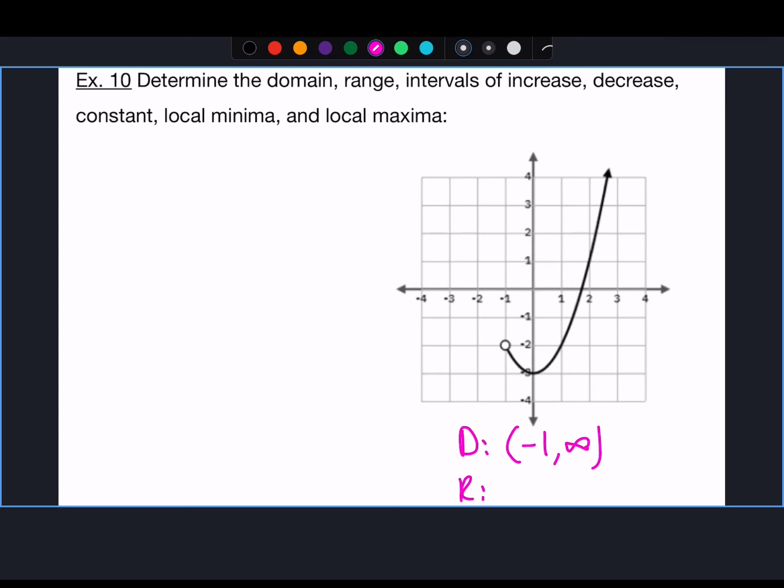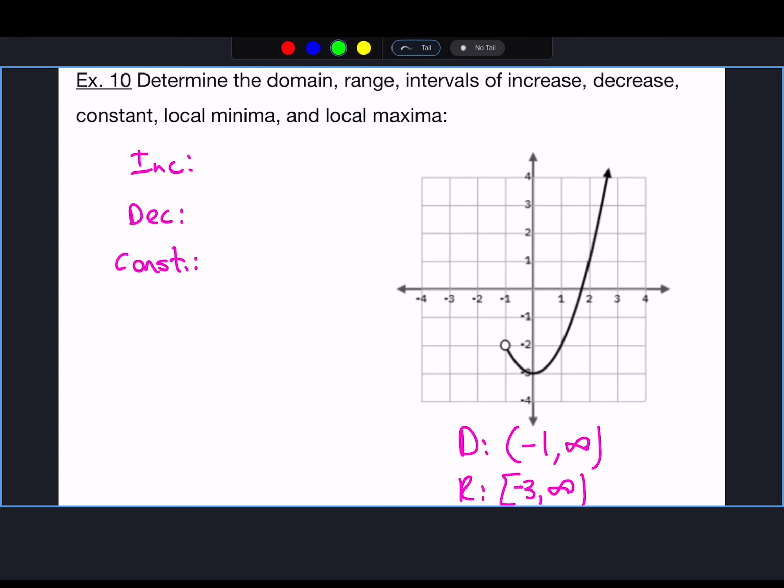And our range, what's our lowest possible y value? -3, and it goes up to infinity. So I'm going to write out increasing, decreasing, and constant. If I jump on my graph roller coaster here at -1, from -1 to what?